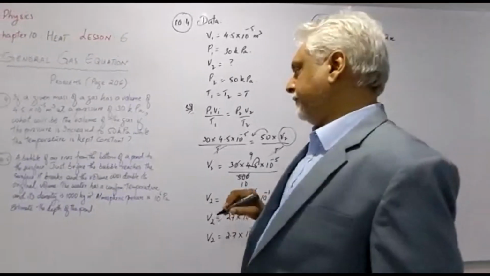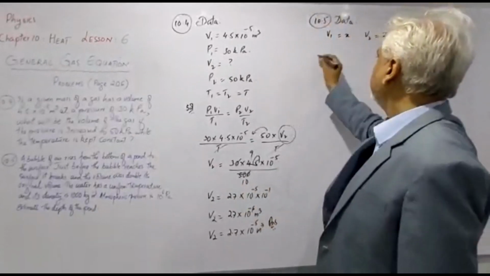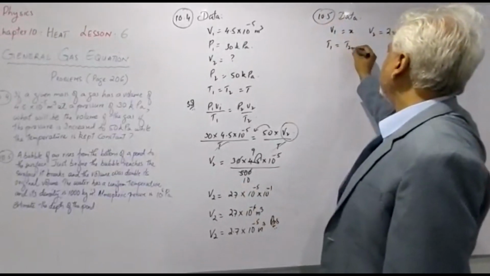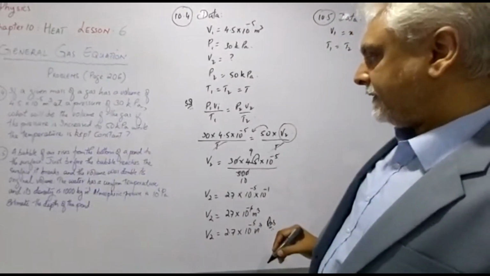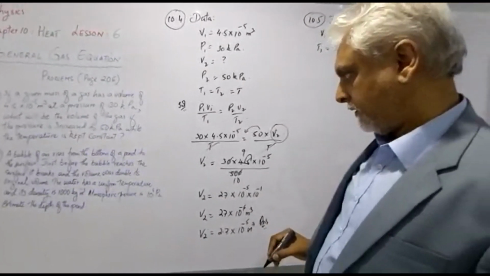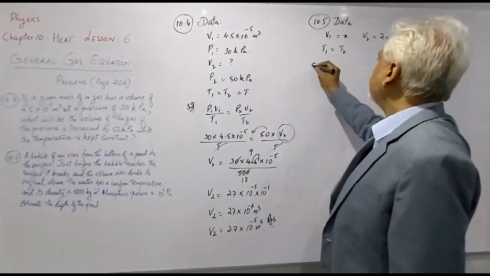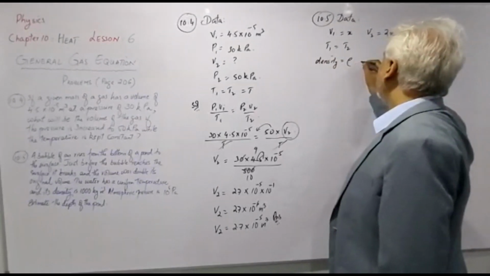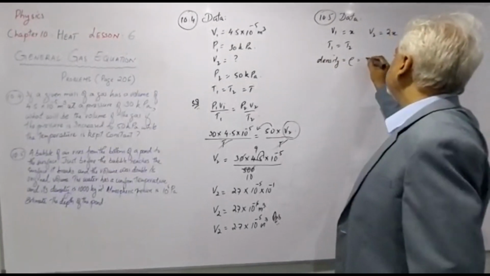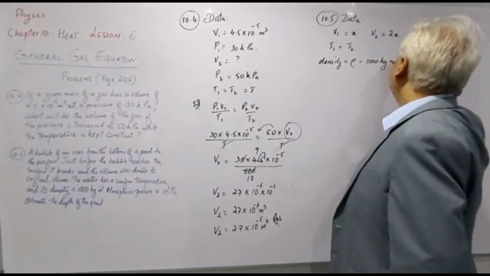Now the water has a uniform temperature. Again, the temperatures T1 and T2 are both the same, and its density is 1000 kilogram per cubic meter. Now density is denoted by the Greek letter rho, and this is 1000 kilogram per cubic meter.